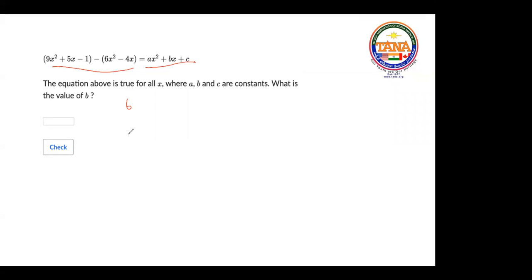You would get 9x squared minus 6x squared, so that's 3x squared. Plus, this is negative, negative, so positive, 5x plus 4x plus 9x minus 1 equals ax squared plus bx plus c. Because 9x and bx are the same, b is 9. Any questions?